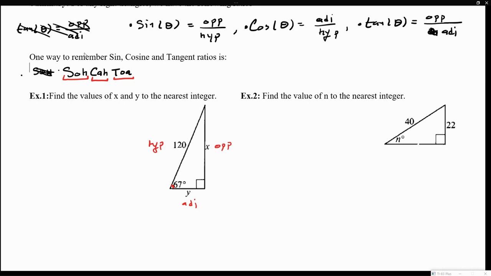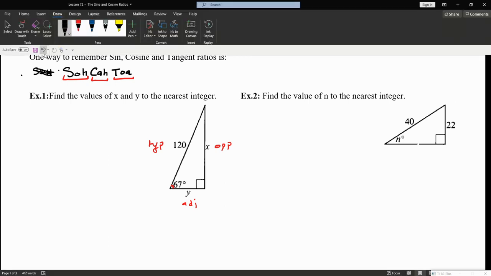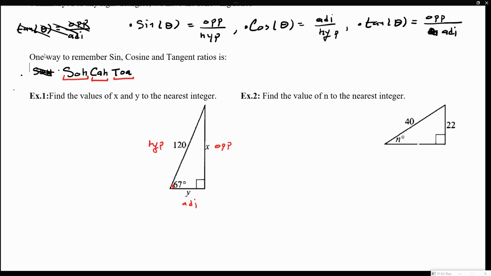So now we want to find the x and the y value. But let's think about this for a second. We have a reference angle, we have the hypotenuse, and we want to find the opposite and the adjacent. Notice that the sine of an angle is equivalent to the opposite over the hypotenuse.